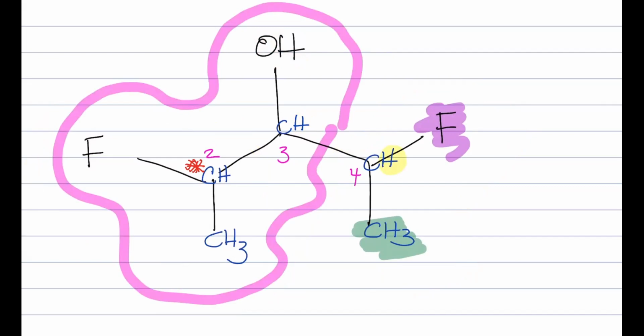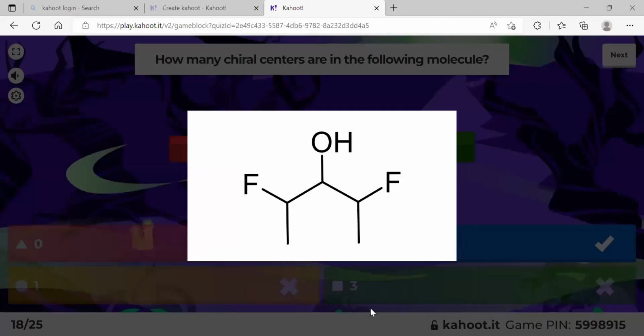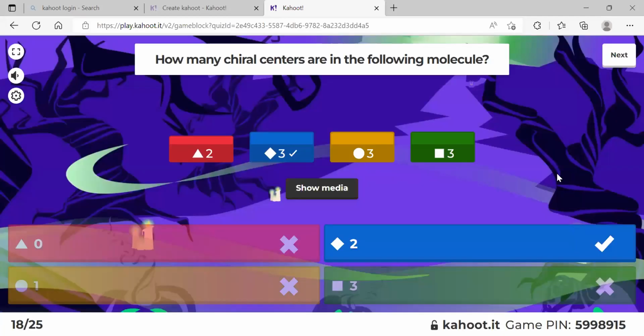So that's why carbon 4 is also chiral. So taking that into consideration, in this molecule, we have 2 chiral centers, okay?